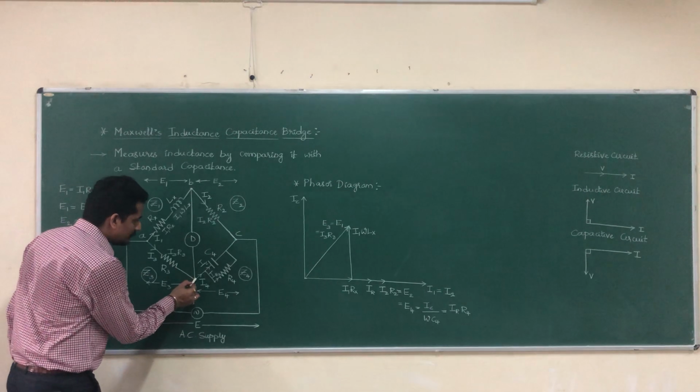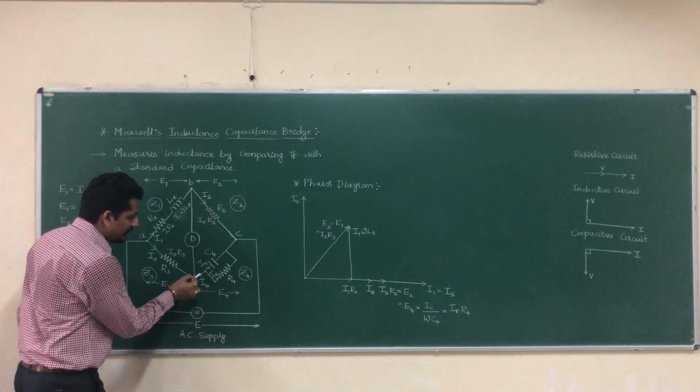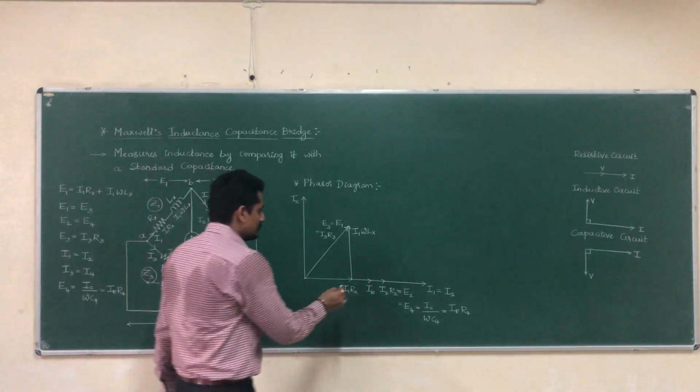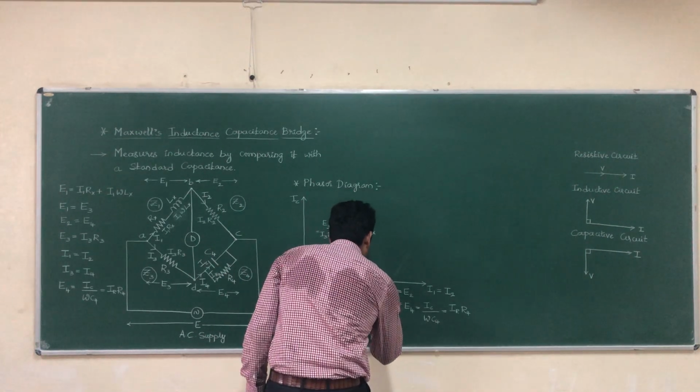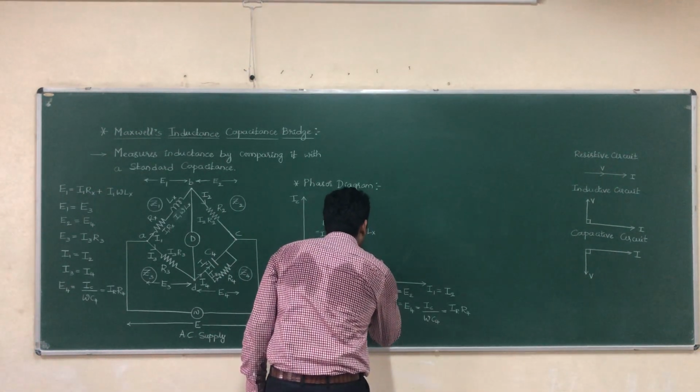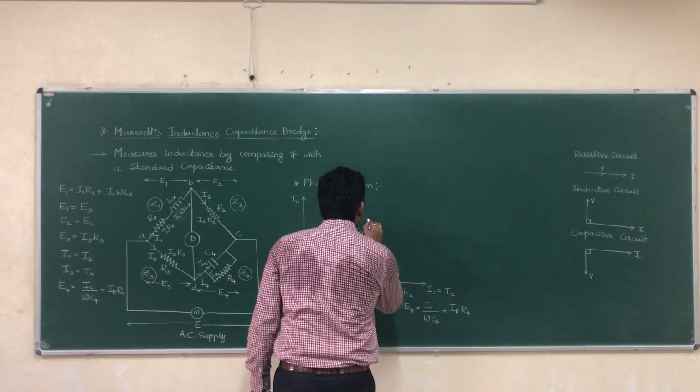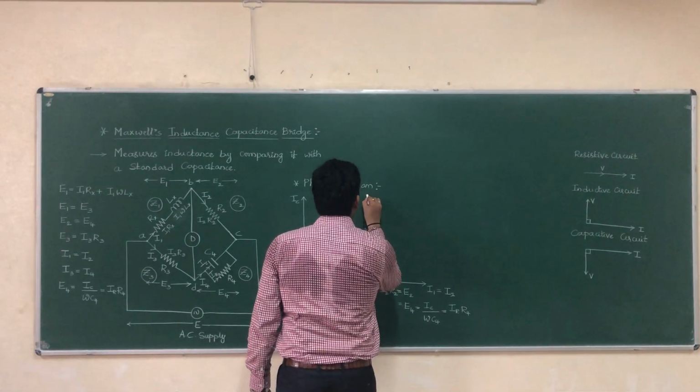Now, what is the resultant of IC and IR? That is I4. I4 is equal to IC plus IR, right? So this is my IR. Let us write the resultant.